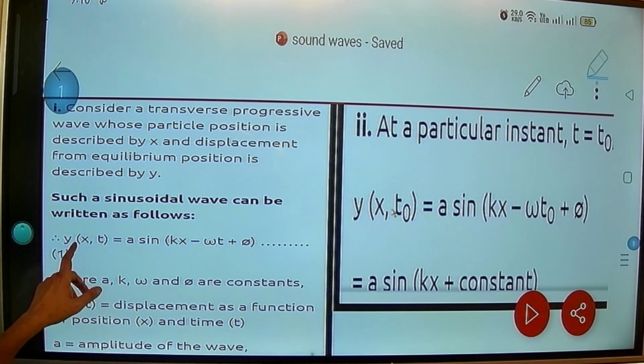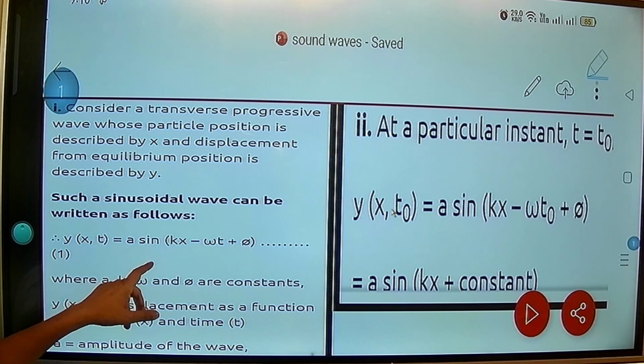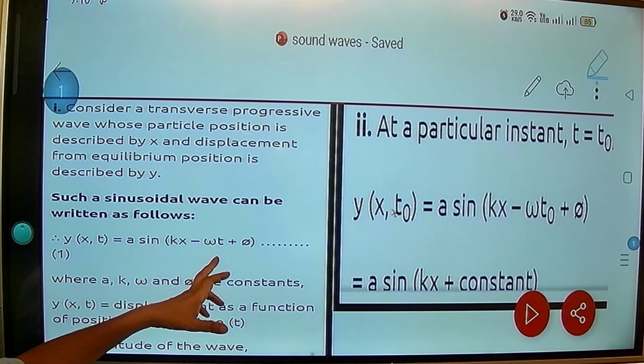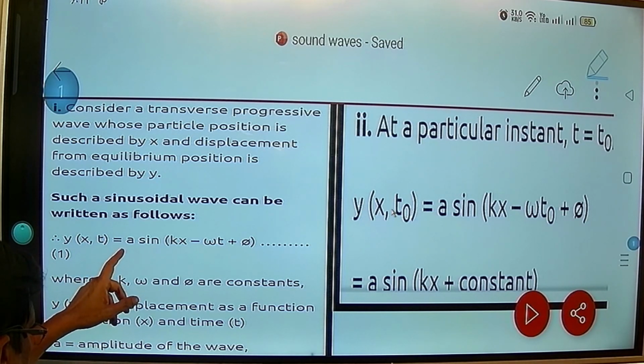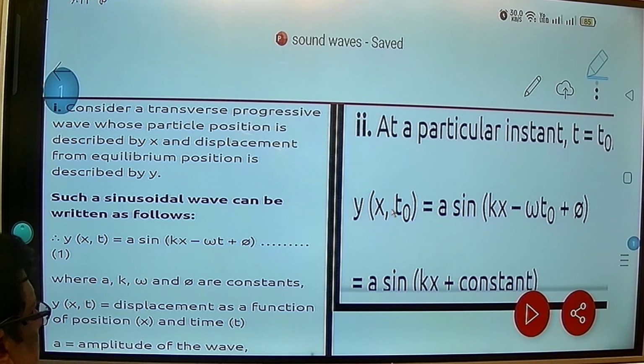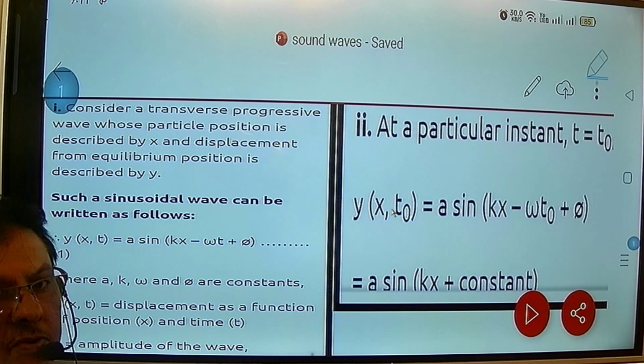Here you will see that y of x,t is equal to A sin(kx - omega t + phi). Call this equation number 1. Now here this displacement depends upon the value of x and time t, and therefore it is given by the equation A sin(kx - omega t + phi).